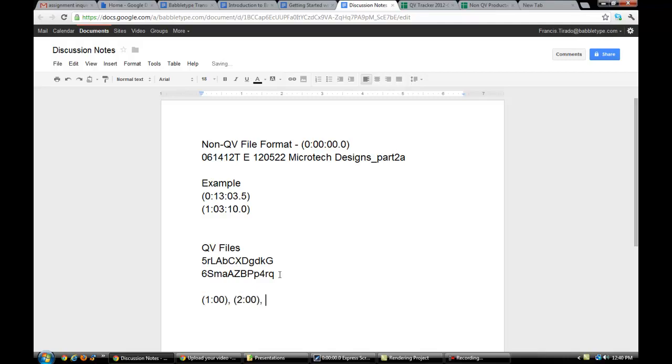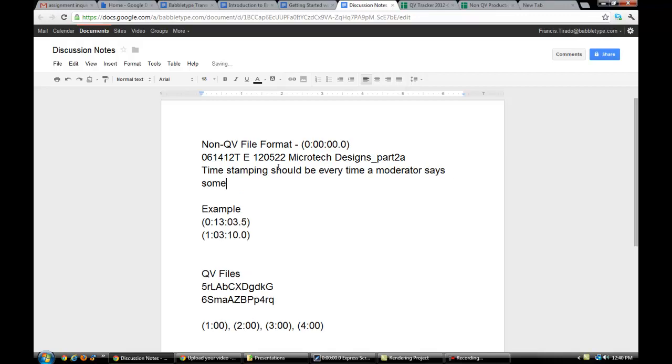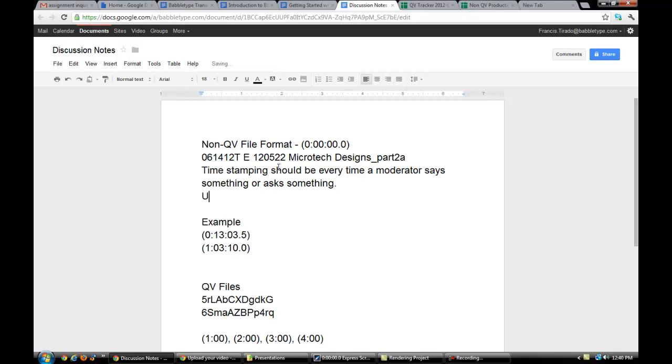QV files are only timestamped every minute. Unlike in a non-QV file, timestamping should be done every time a moderator says something or asks something, and of course if you have unclear or inaudible markers.